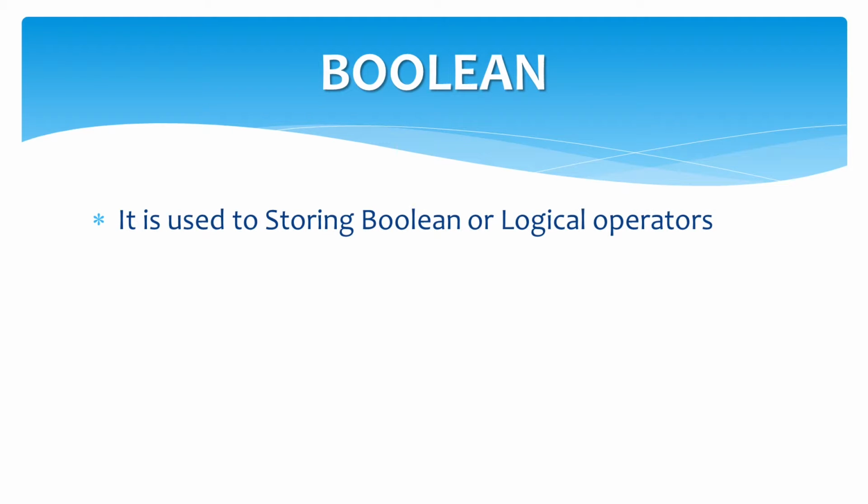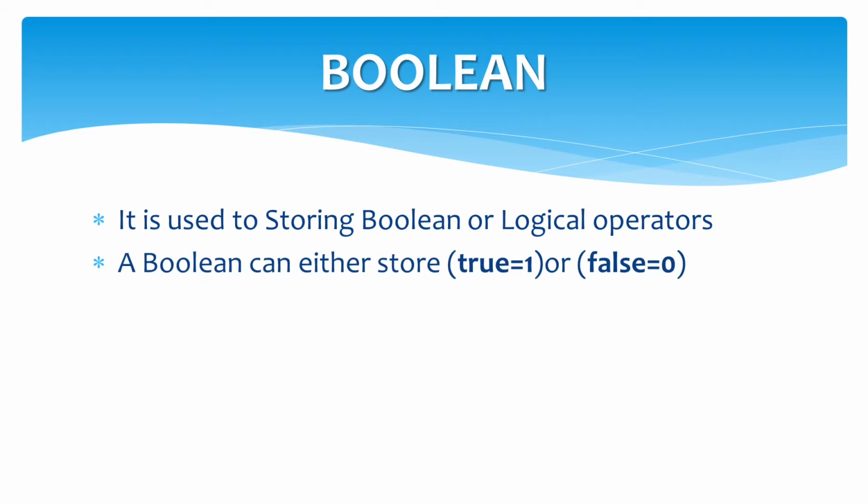Let's go ahead. And here comes boolean. It is used to store boolean or logical values. Boolean can either store true or false. I've also stated here that if you want a boolean value, then in C++ you will get true or 1, and false or 0, because false equals 0 and true equals 1 in the language.